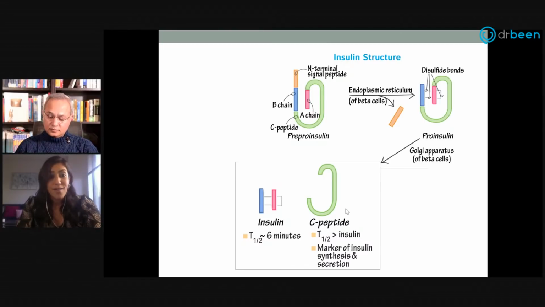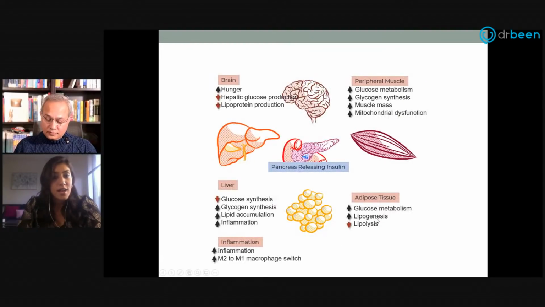All right, so those are some instances where you can have higher and lower levels of C-peptide. If we go to the next slide, this is another fascinating slide, because it shows you all of the different functions of insulin on the peripheral tissue. You can see how many different tissues this one hormone affects in how many different ways.